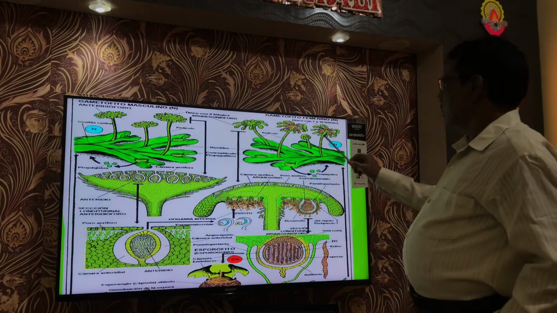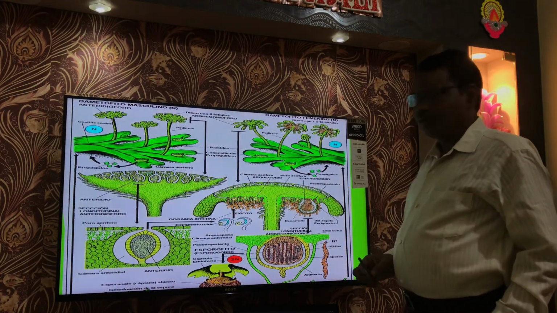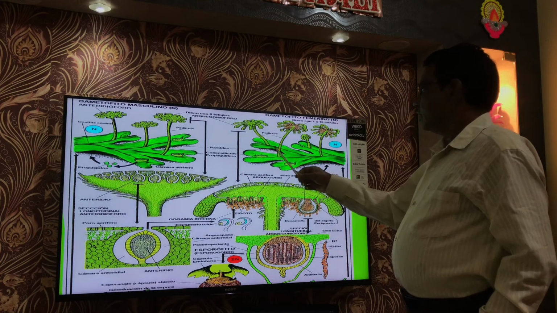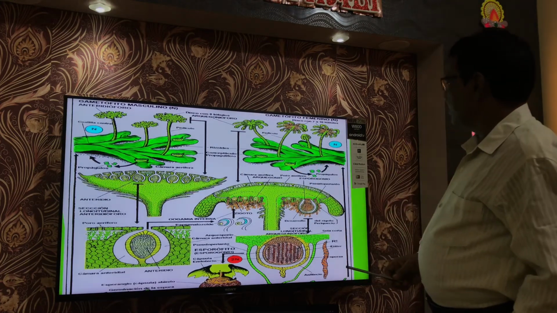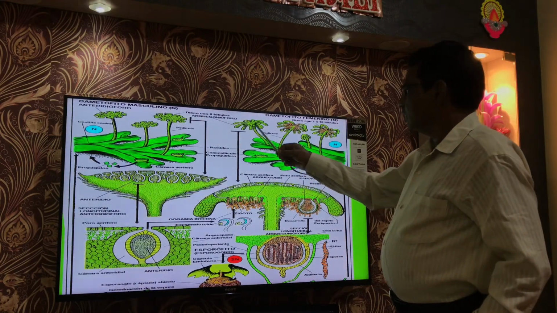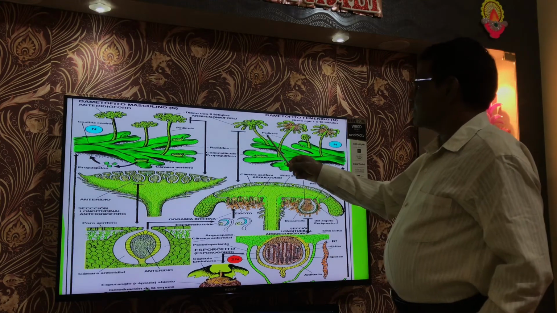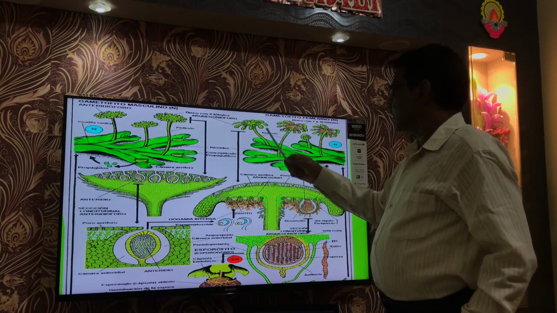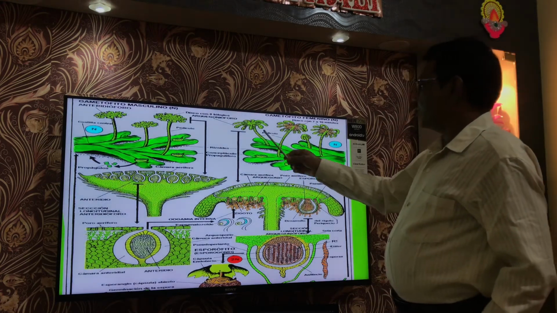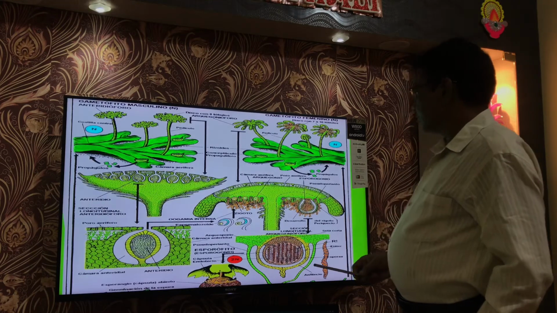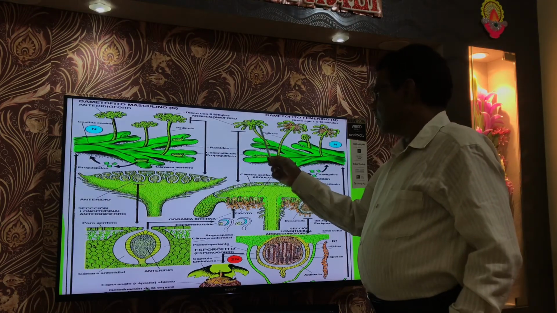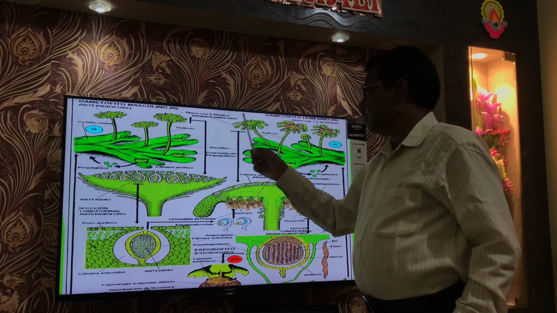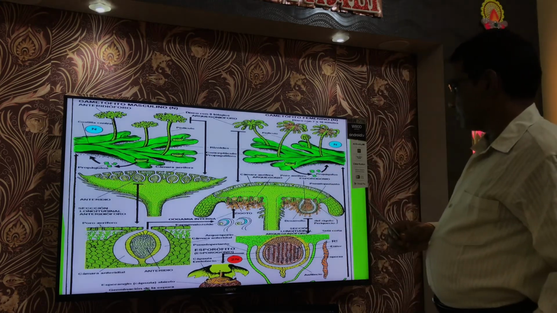Then this is an archegoniophore having a long stalk, and the tip of this archegoniophore is not lobed like that of the antheridiophore, but it has a plate-like structure. So here you can observe the difference between the tip of antheridiophore and tip of archegoniophore.